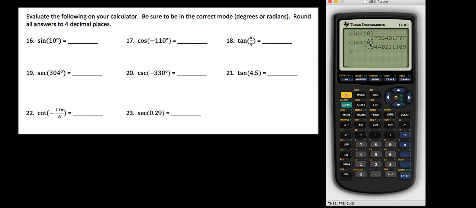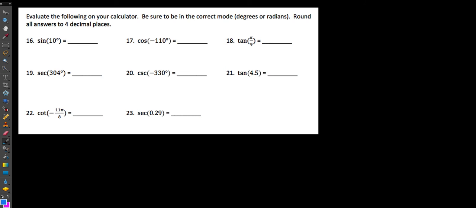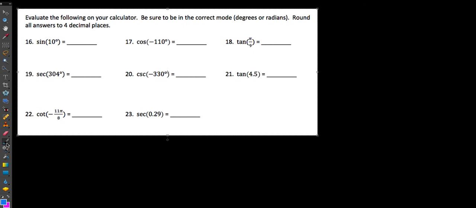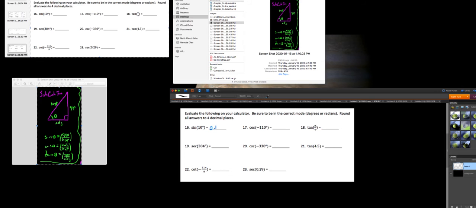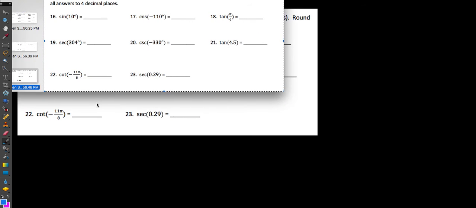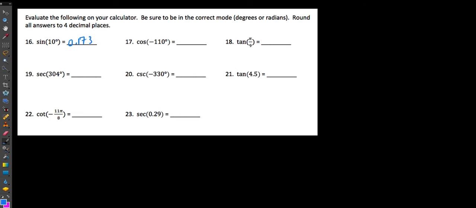So in this case, we'd have about 0.1736, if it's in degrees. Likewise, we could also evaluate cosine of negative 110 because we're already in degrees mode.